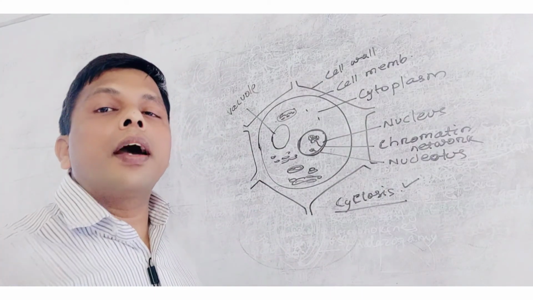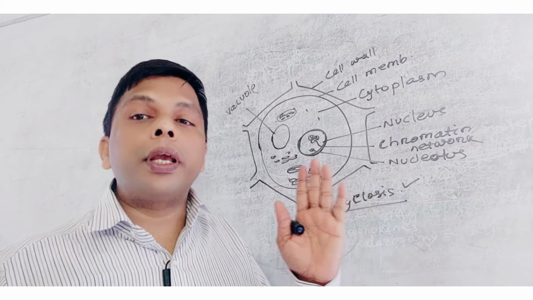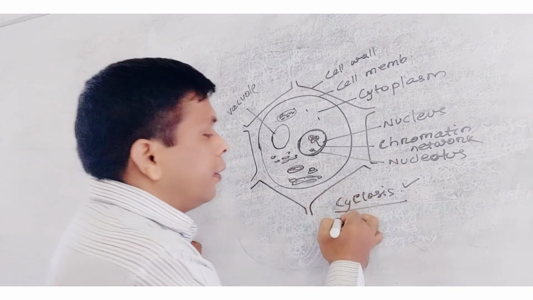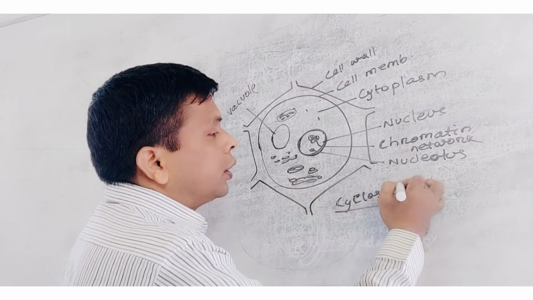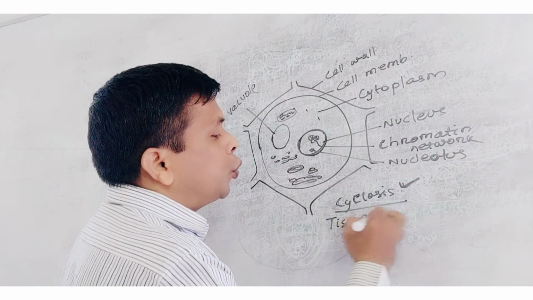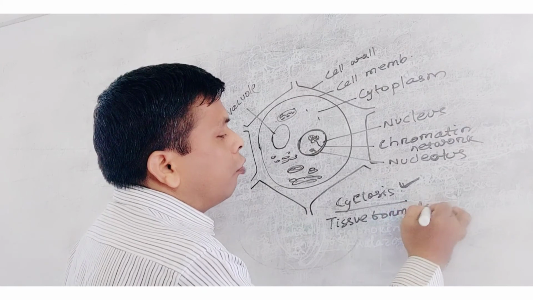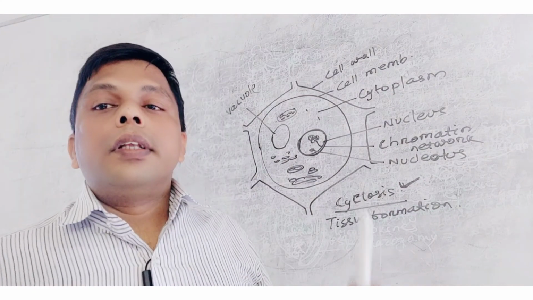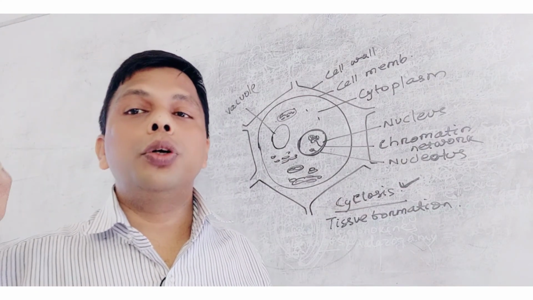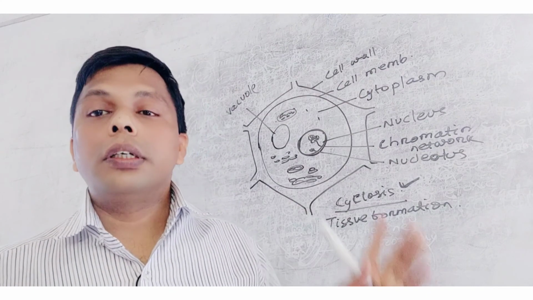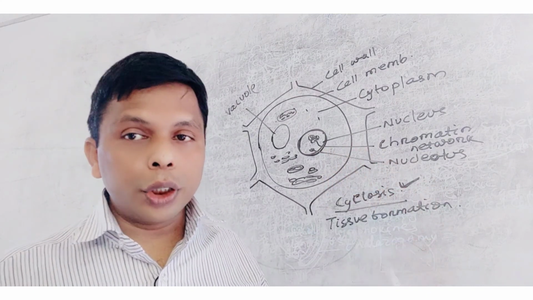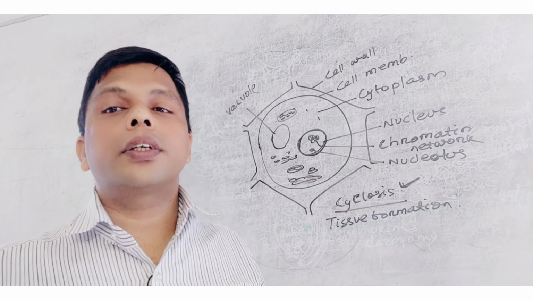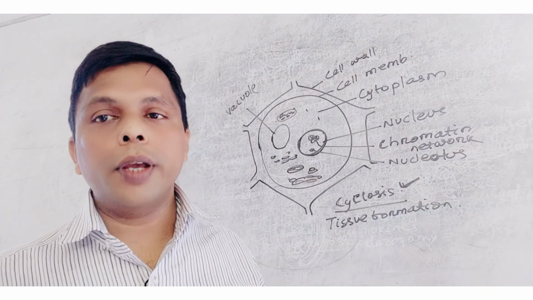When locomotory organs are found, they show a typical 9+2 microtubular arrangement. These cells help in formation of tissues. The cell division here takes place through mitosis. So these are the basic structures of prokaryotic and eukaryotic cells. In the next video, we will discuss different cellular components.